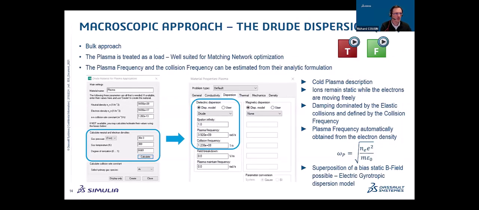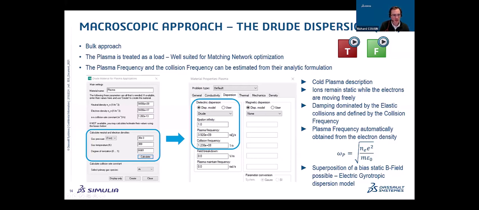So let's now have a look at the microscopic approach, as I said. So then we can use the Drude dispersion model. So that's a bulk approach. You have here the plasma, which is treated as a load, and that's well suited for matching network optimization. You can use whatever the time domain solver or the frequency domain solvers, and then you can perform here a real cold plasma description with a 1D dispersion model that you can enter, which follows the equations, and the parameters of the equations are directly entered here into this dialog box.